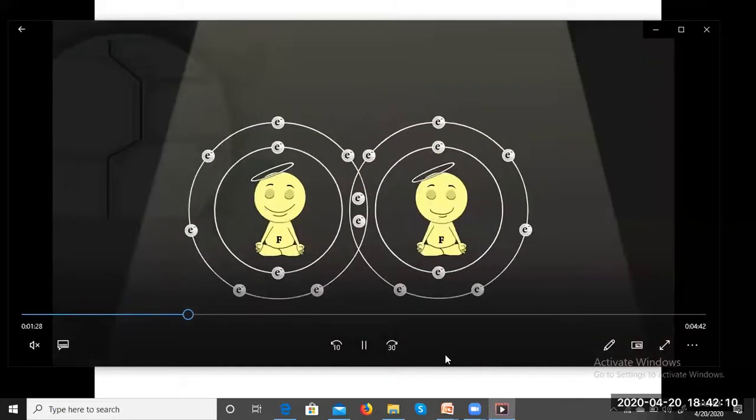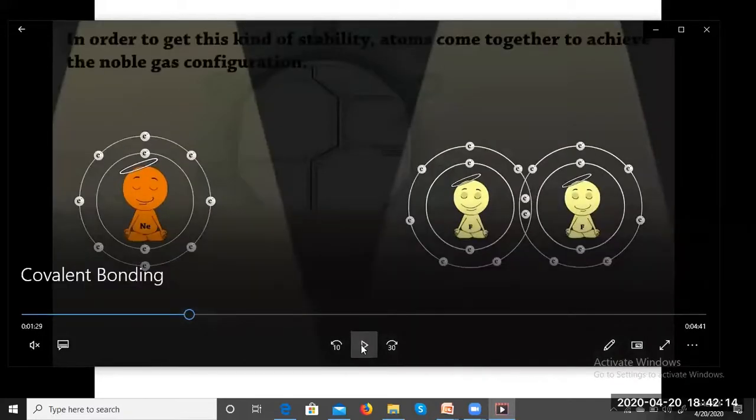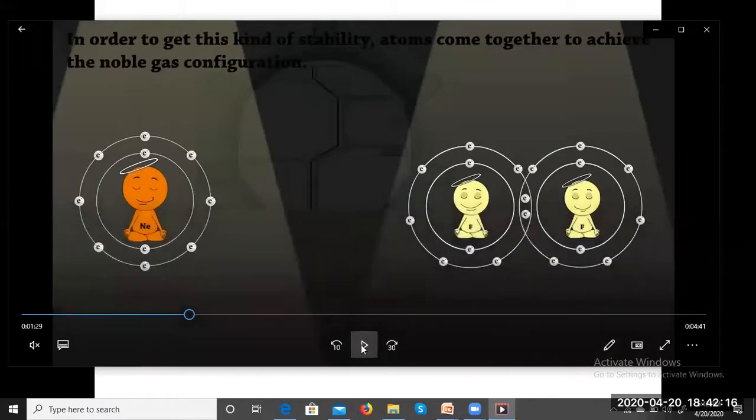So let me pause the video. See how many electrons are on sharing. First of all, the number of electrons that are less in the valence shell, exactly the same number of electrons will be going on sharing. If one fluorine atom has one less electron in the outermost shell, obviously fluorine has 7 electrons.